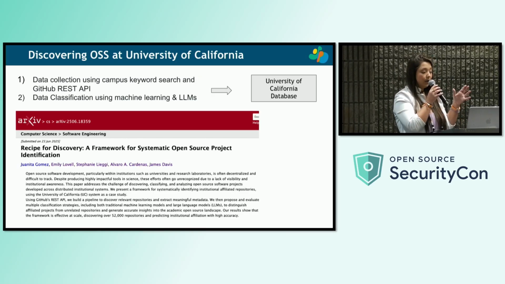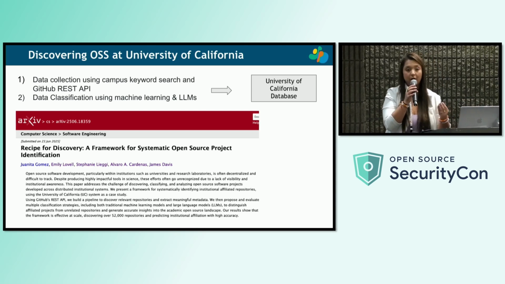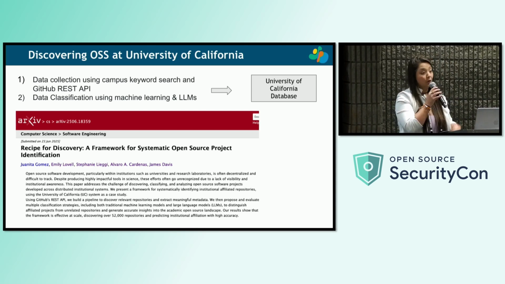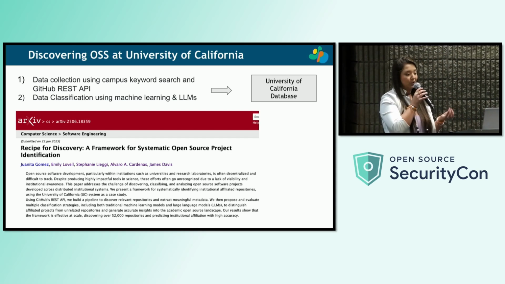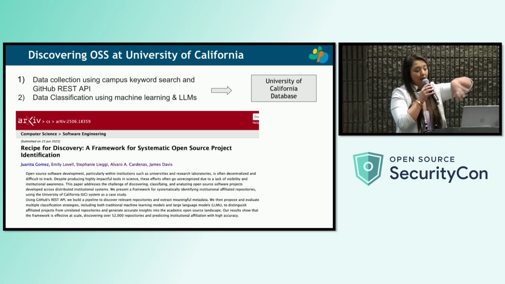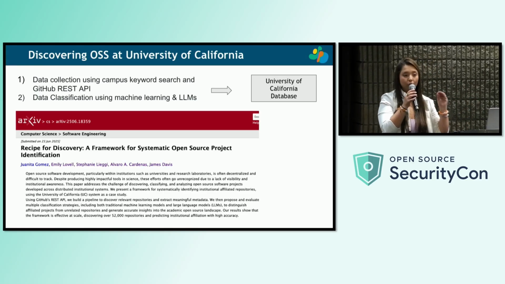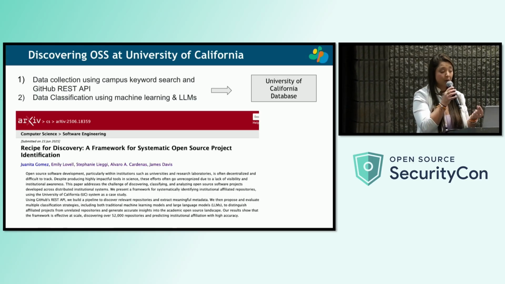And basically, what we're trying to figure out is who is doing open source within the University of California system. So the first thing that I'm, of course, doing is building a database. I'm going to share a little bit about this, but this is not the main focus of my talk. I just want to give you this for context on where the data that I'm going to be talking about comes from.